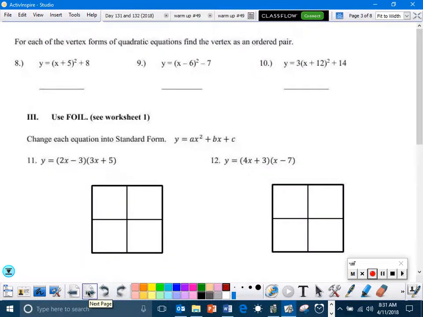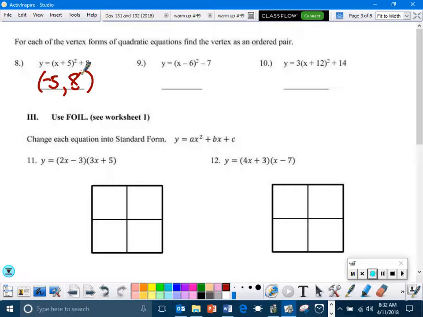So here we are given an equation and we're supposed to find the vertex. Okay? So in this situation, the vertex would be, okay, -5. It's the opposite, but the y value will stay the same. That y value is an 8.